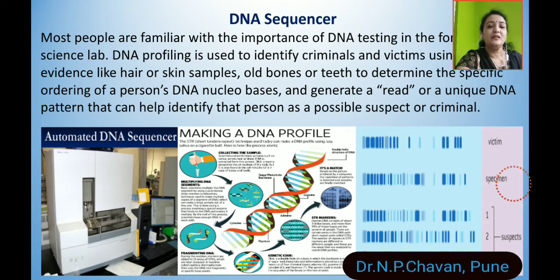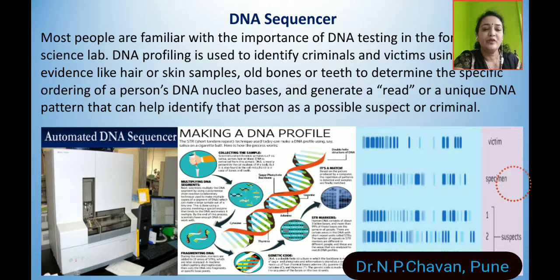Then the next technology is the DNA sequencer. So DNA is the basic of our human. Most people are familiar with the importance of DNA testing in the forensic science lab. DNA profiling is used to identify the criminals and victims using trace evidence like hair or skin samples. We know that in medical science, DNA testing or DNA profiles are used to study various diseases or hereditary diseases.